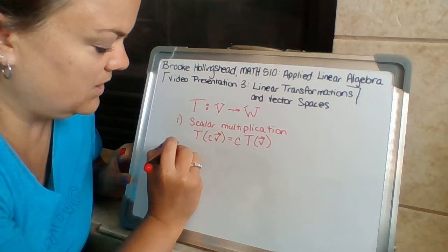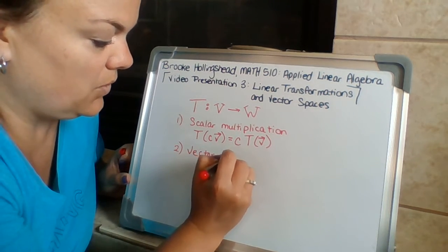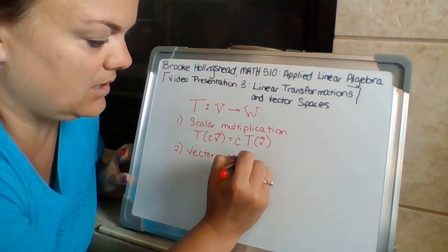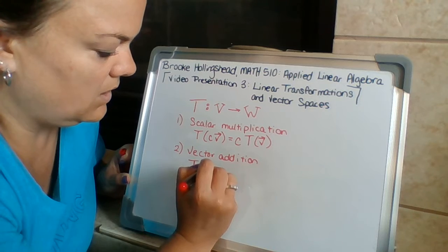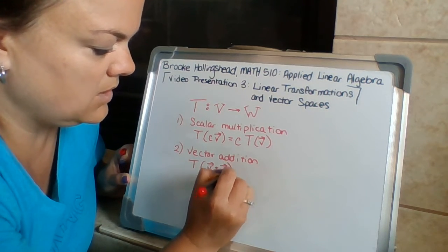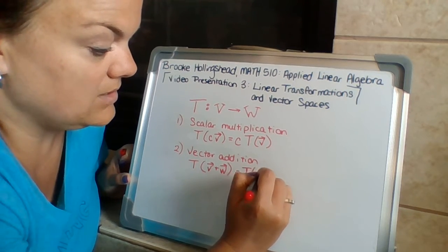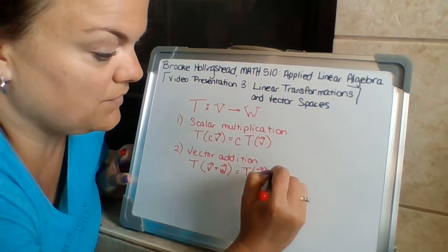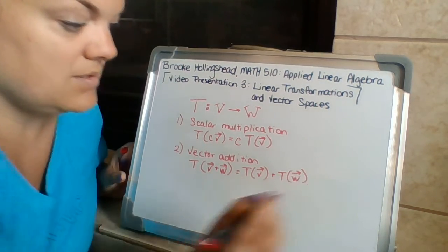The second property I need is vector addition. If I take the transformation of two vectors added together, that needs to be the same thing as taking the transformation of the first vector plus the transformation of the second vector.